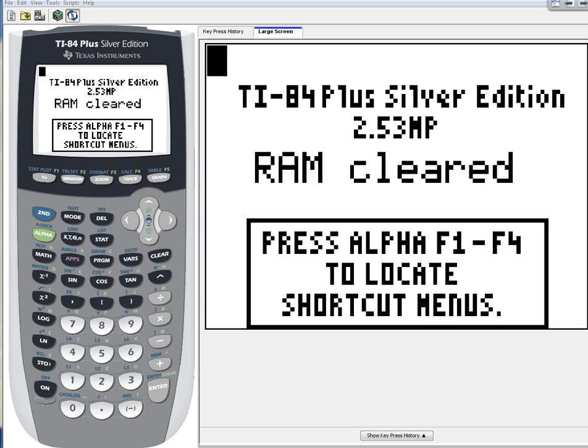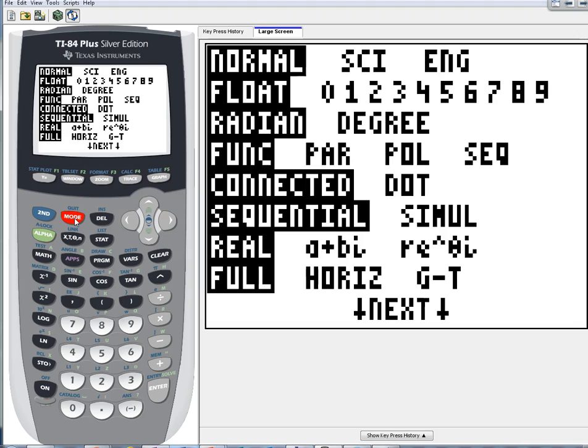Well, you can tell your calculator, I want to be in parametrics. So how does that work? Go ahead and push the mode button. When you push mode, here's your function. Right here, this makes it y equals. This one here makes it into parametric mode, and that's what I want. So I use my down arrows, tab down, go to parametric, press enter.